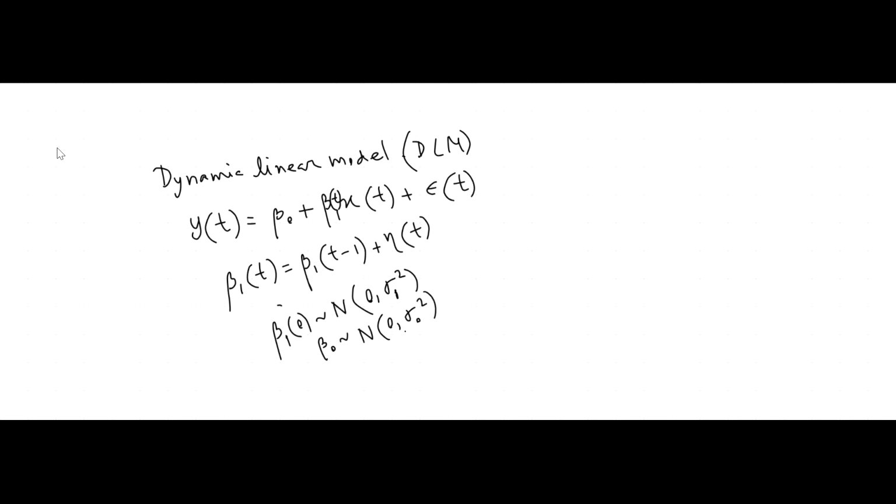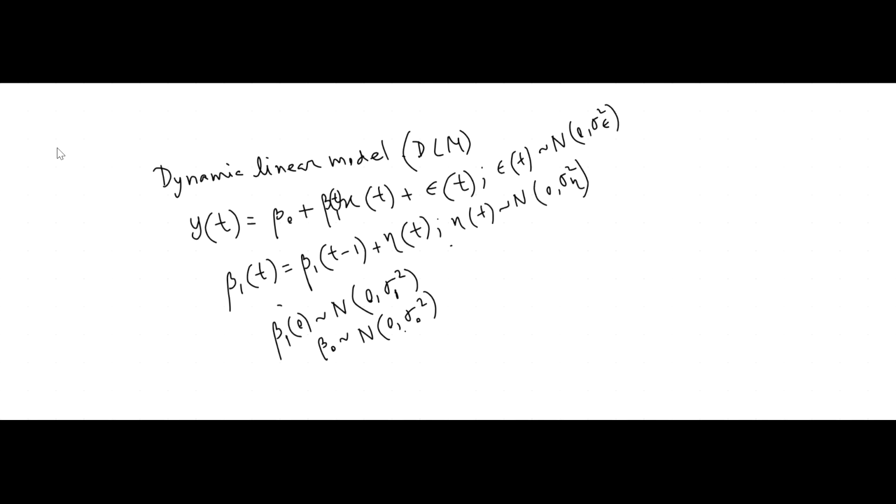Here we generally assume that epsilon t follows some distribution. So what are the parameters in this model?